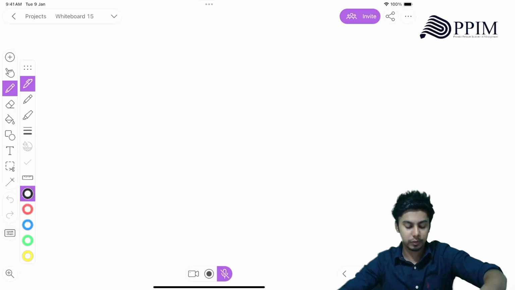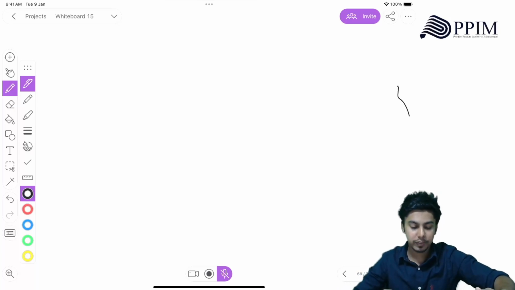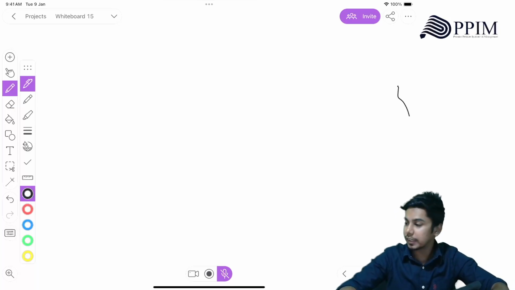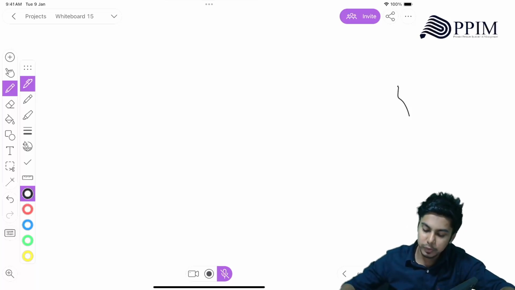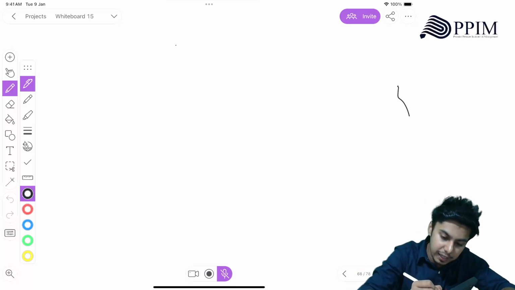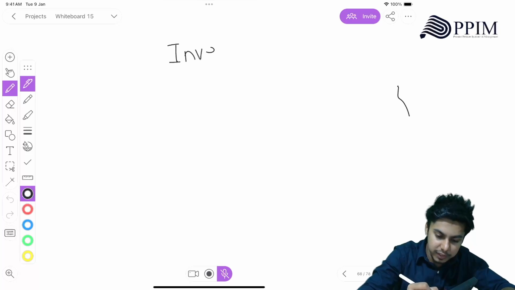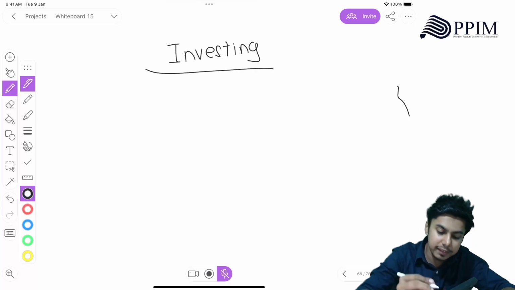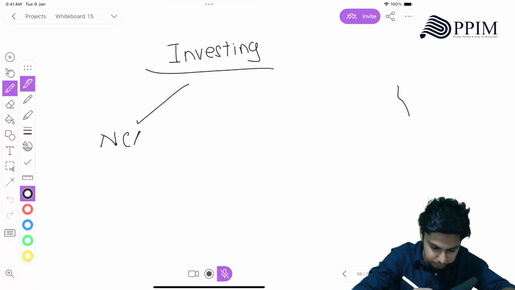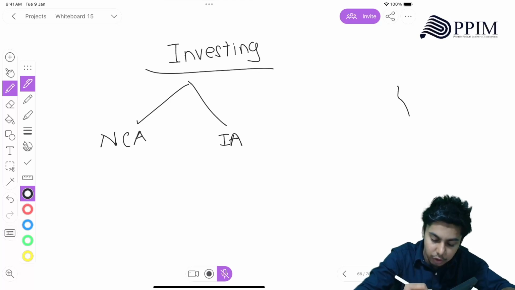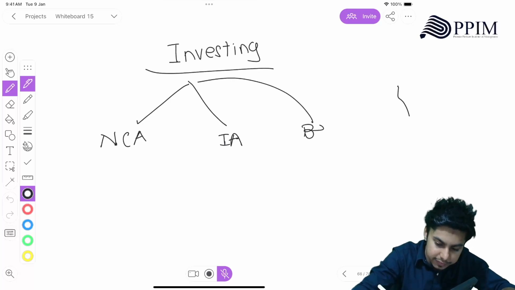Now, guys, first thing, when it comes to investing activity, these are things that we normally have. Usually we say under investing activity, anything related to non-current assets or intangible assets or getting some benefits out of these.